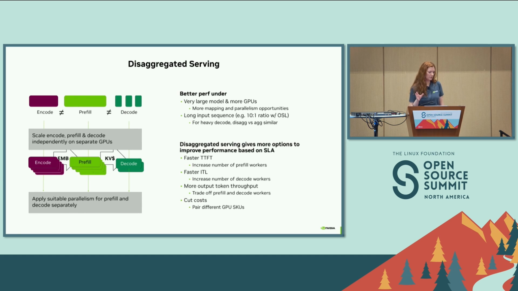Now, if you briefly remember, I mentioned the multimodal case. We can disaggregate even further. Besides computing the attention map, we also now have an image or a video which we need to convert and provide an embedding for.